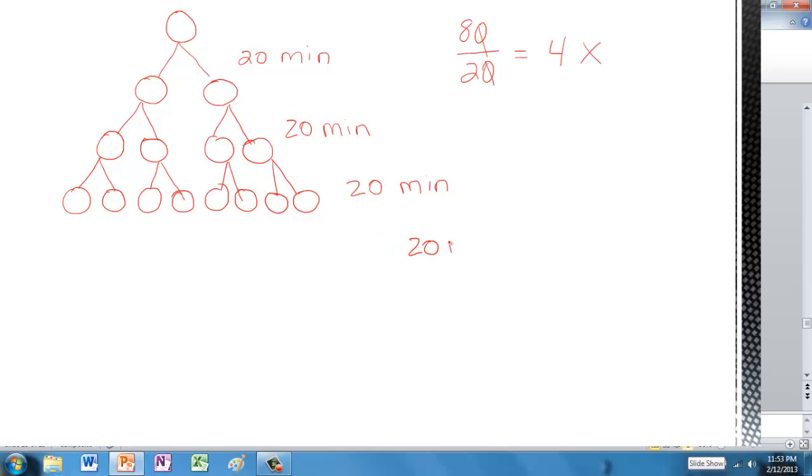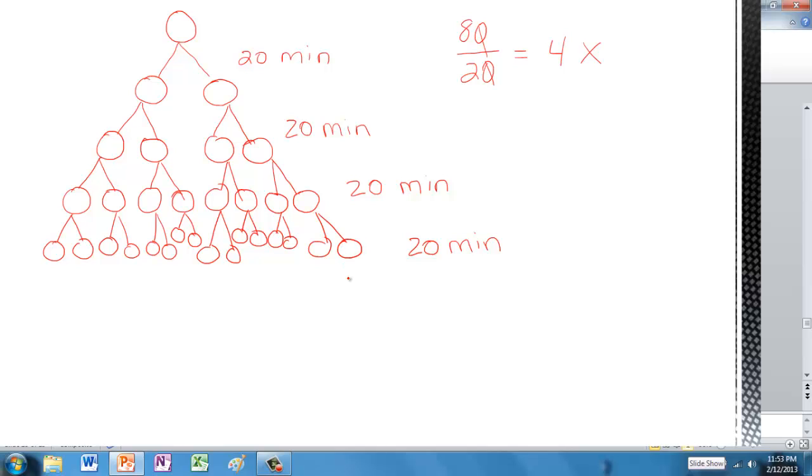So here's our next 20 minutes goes by, and all of these divide in 2. So this one divides in 2 and produces 2 daughters. Now, if we can count these all up, how many do we have at the end of 80 minutes? 1, 2, 3, 4, 5, 6, 7, 8, 9, 10, 11, 12, 13, 14, 15, 16.